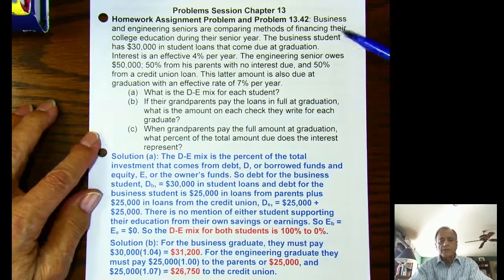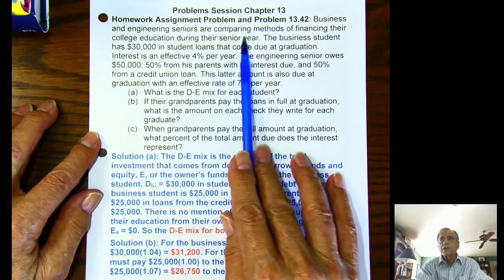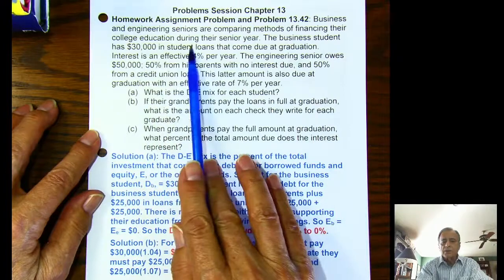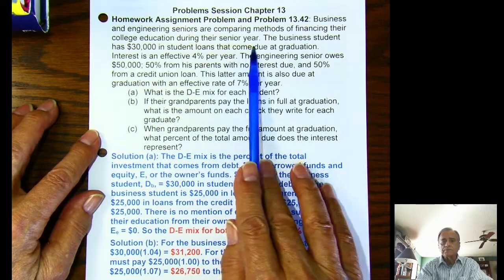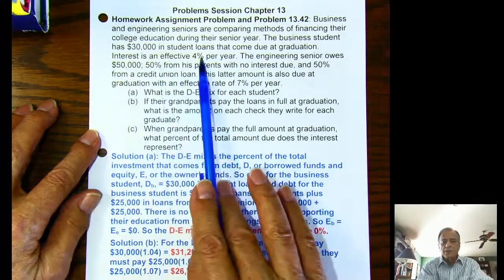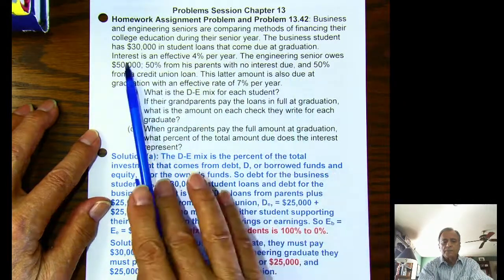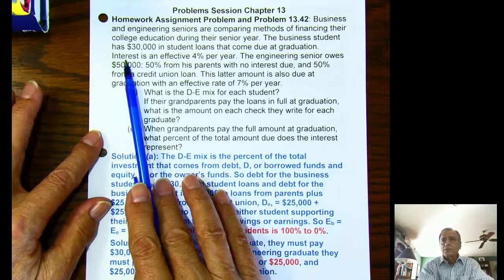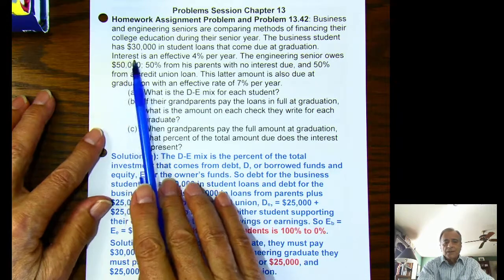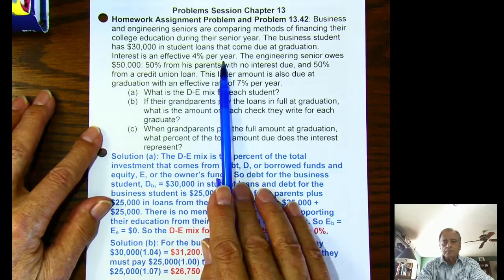It says business and engineering seniors are comparing methods of financing their college education during their senior year. The business student has $30,000 in student loans that come due at graduation. So we'll assume that's 1 year, the senior year. Interest is at an effective rate of 4%.